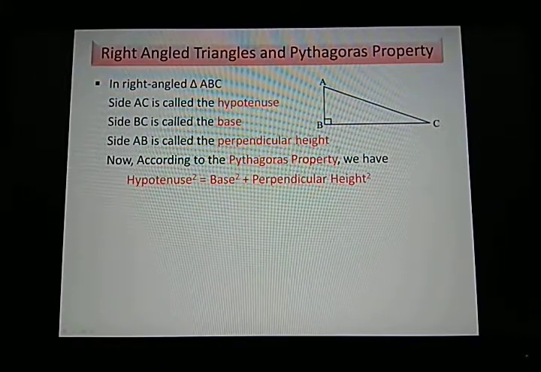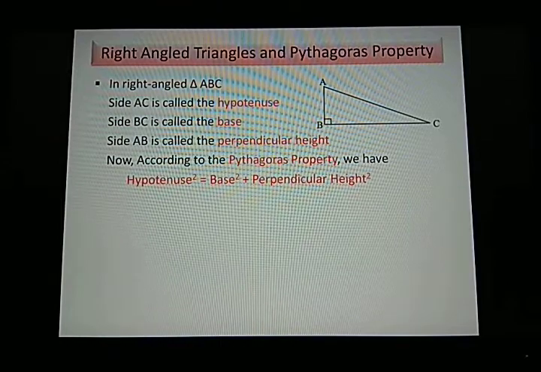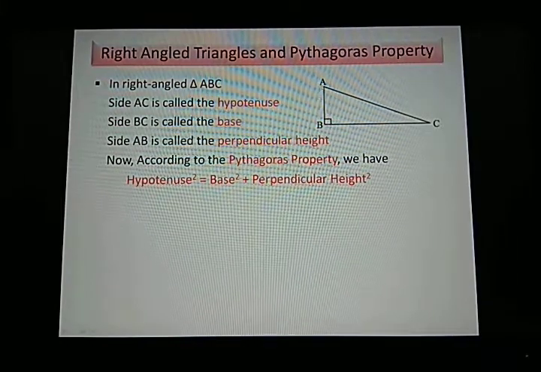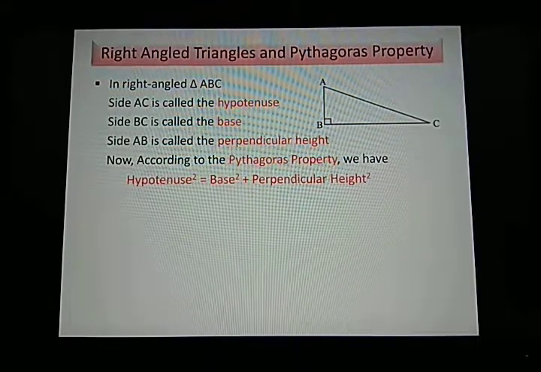So the Pythagoras property states that the hypotenuse square of any right angle triangle, or you can say the square of the hypotenuse, is always equal to the square of the base plus the square of the perpendicular height. This is what the Pythagoras property states.